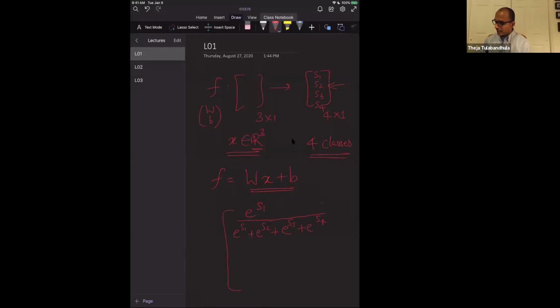The nice thing about this is that if I do this transformation for all four coordinates, this is still 4 cross 1. Once I get the scores, I can take the four scores and compute the first coordinate, second coordinate, third coordinate, fourth coordinate. They sum to 1. And you can see that, right? In the numerator, I just have the first term here. In the second one, I'll have the second term, the third one the third term, and e to the power S4.